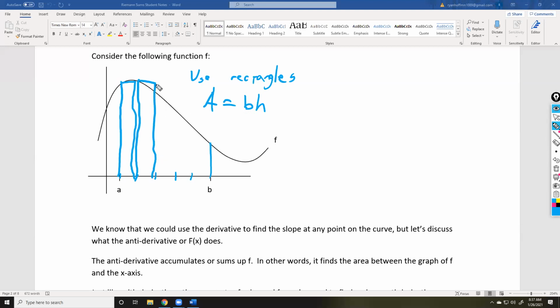Now, this isn't perfect, just like our slope method by picking a point very close wasn't completely perfect. Right? There's some of this area up at the top that is left over. There's this little sliver of area that isn't covered. So we will have things like that where there will be inaccuracies, but this can help us give an approximation.